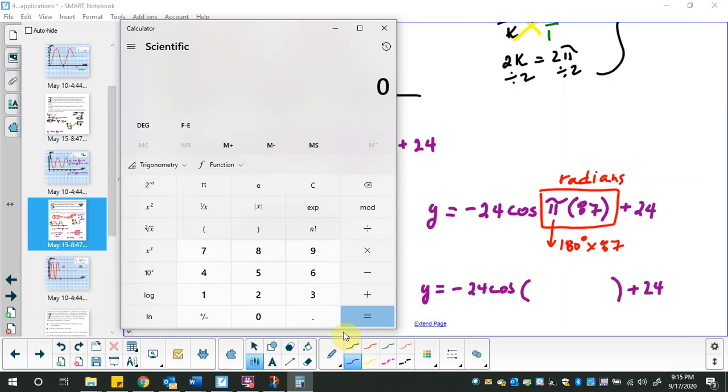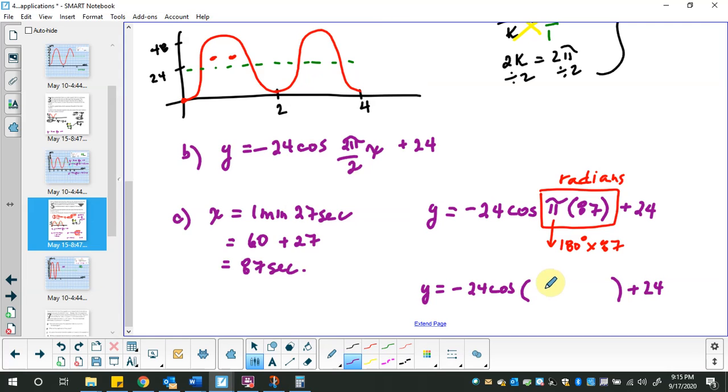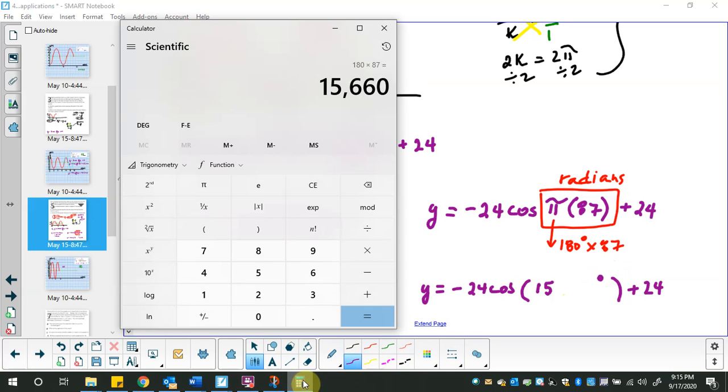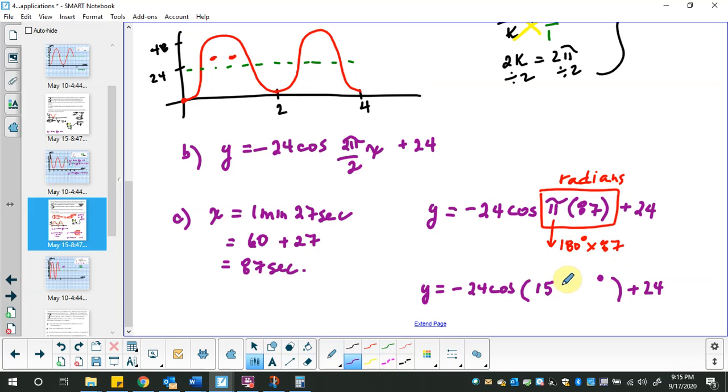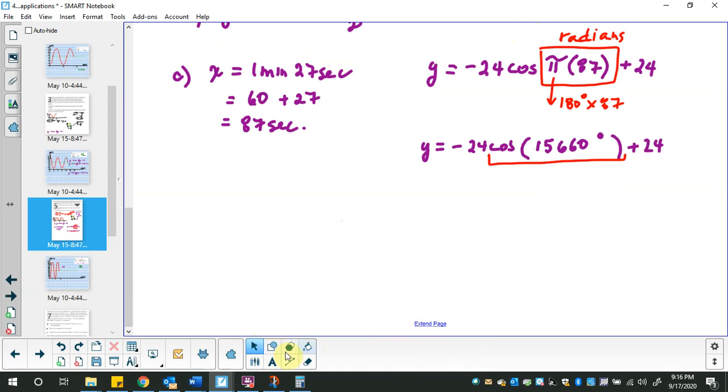So 180 times 87, so 180 degrees is pi, times 87 is that many degrees: 15,660. So now I can do this part on my calculator, so I can find the cos of 15,660 degrees, and it's absolutely unimportant how many degrees that is.